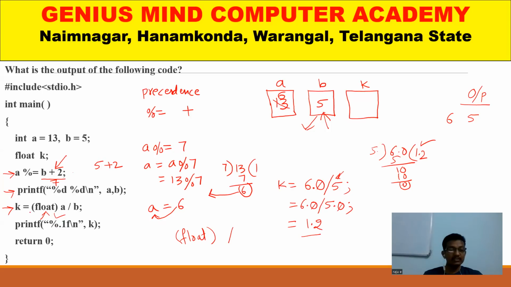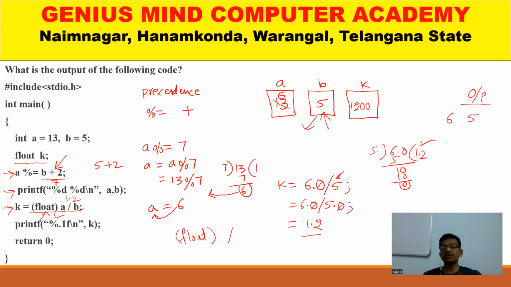On the right hand side of this expression we are getting a value of 1.2, and this will be assigned to k. When this 1.2 is stored in k, because k is declared as a floating point type, by default a floating point variable stores the value up to 6 decimal places.